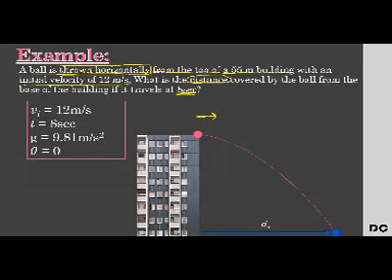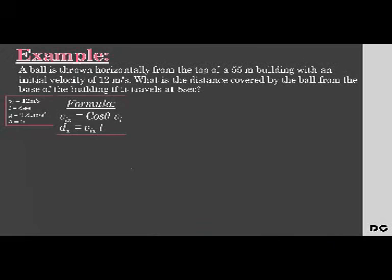And so, since we are looking for the d sub x, we will use the equation for d sub x, which is the vi times time. But as I have mentioned kanina, before you can solve for the d sub x, we must solve for the vix, which is equal to cosine theta times vi. So let us solve for the vix.